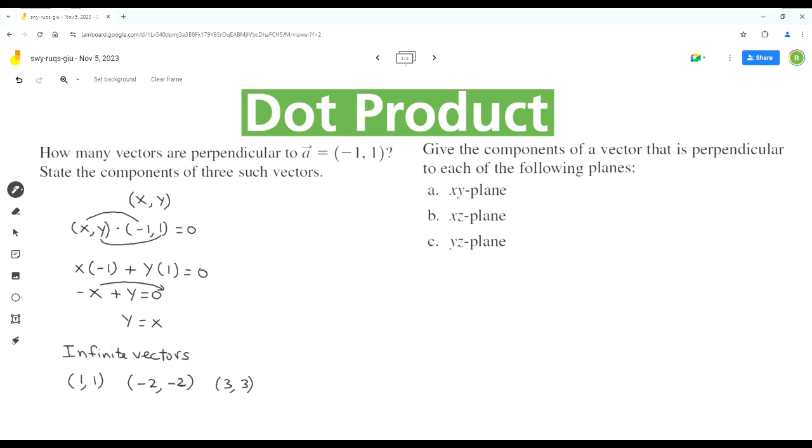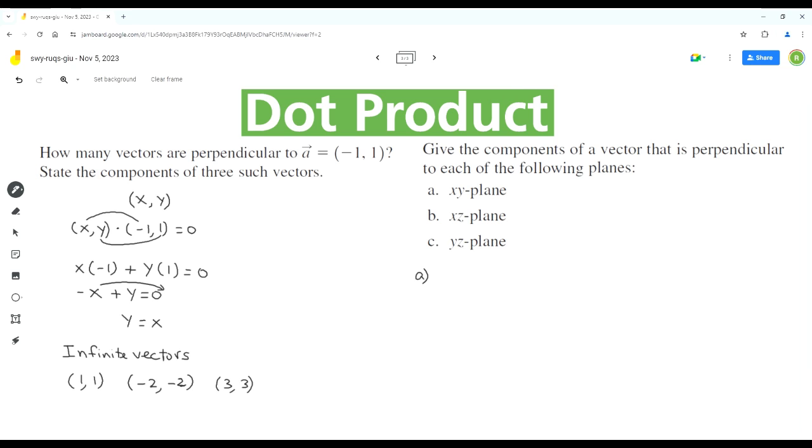Now we can analyze the second problem. So as per the problem, give the components of a vector that is perpendicular to each of the following planes. So let's start with part A, XY plane. XY plane lies along the X and the Y axes. The Z axis is perpendicular to XY plane because Z axis is perpendicular to both X and Y axes.